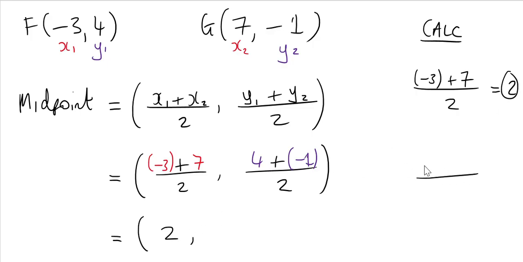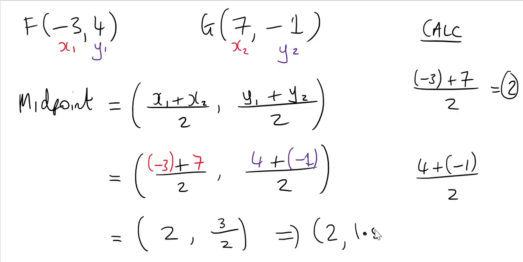And the other one, you're going to have 4 plus bracket minus 1 over 2, and in this one you're going to get 3 over 2. I'm not sure whether your calculator will tell you 3 over 2 or whether it might say 1.5 maybe. I'm not sure which one it'll tell you there. So is that correct? Yeah.